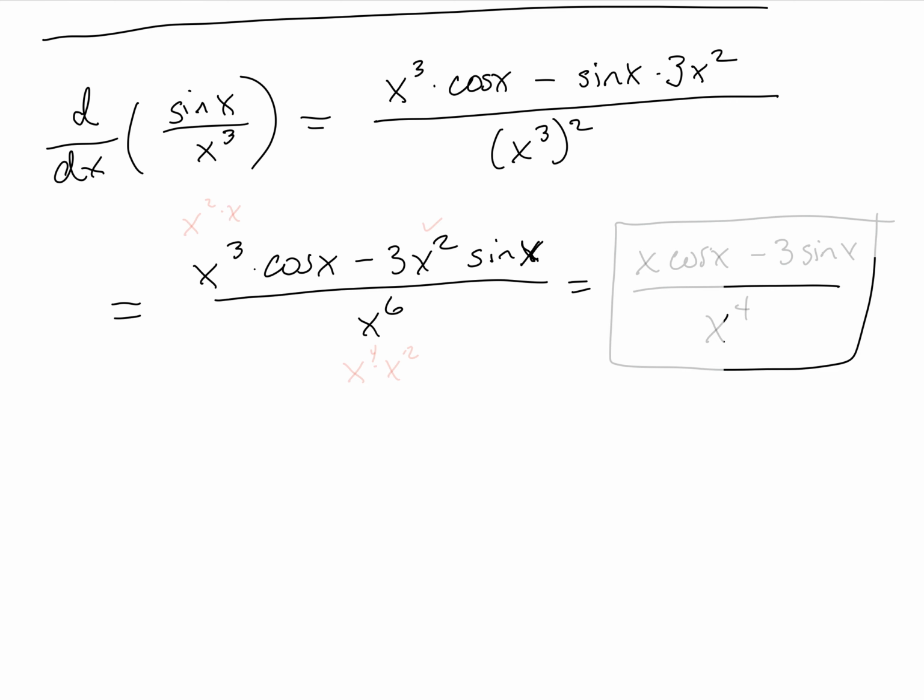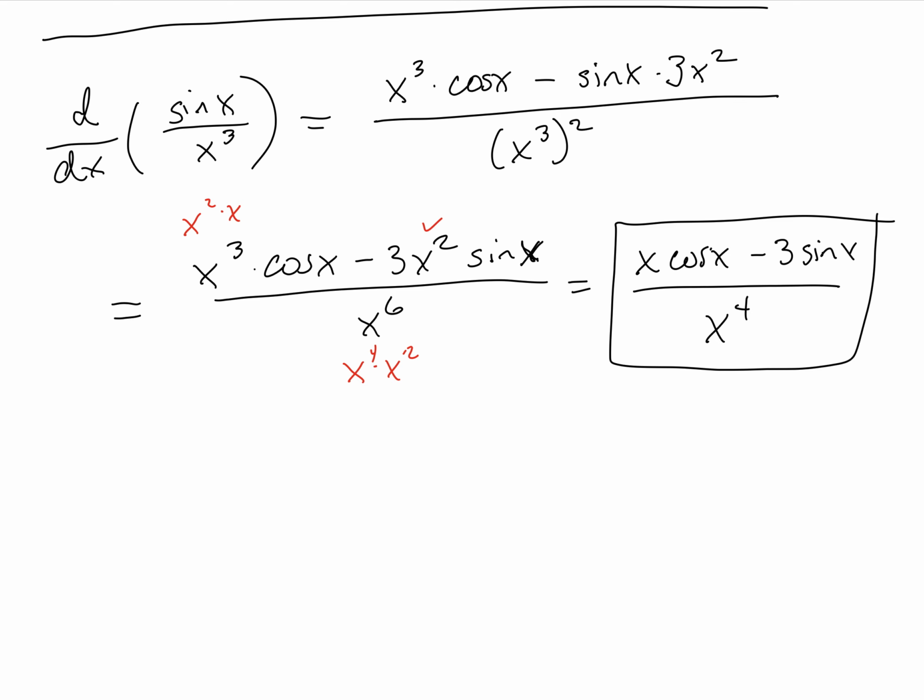We could make this x to the fourth times x squared and cancel out with that x squared and with most of that x cubed there. And so simplifying is going to give us x times cosine of x minus 3 sine x divided by x to the fourth. So that is our derivative of that function using the quotient rule.